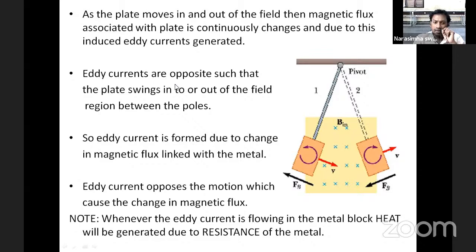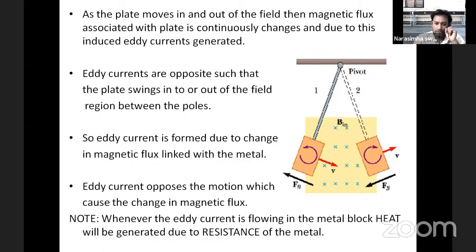So eddy currents are opposite such that the plate swings into or out of the field region between the poles. Okay, so eddy current is formed due to change in magnetic flux linked with the metal.